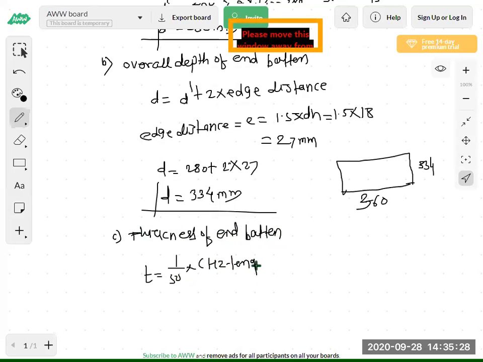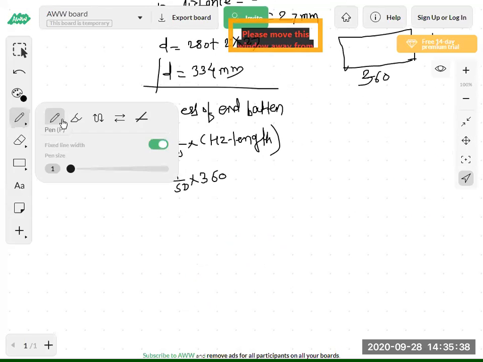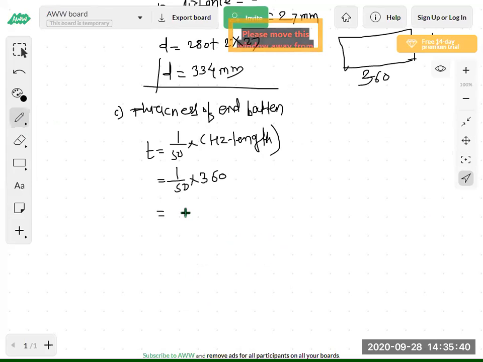Which horizontal length have we used? So 1/50 of the horizontal length, 360 we have used, correct? S plus G we have taken. So how much thickness is there? 7.2 mm. So we can use 8 mm.